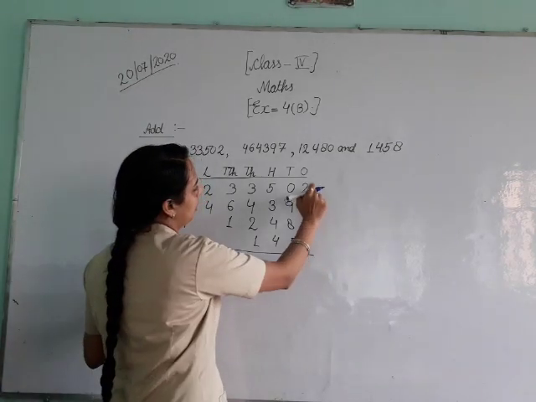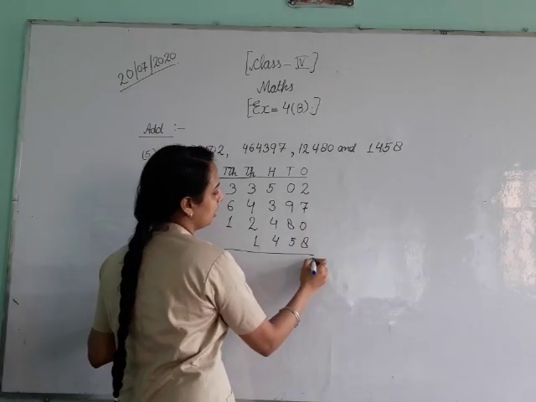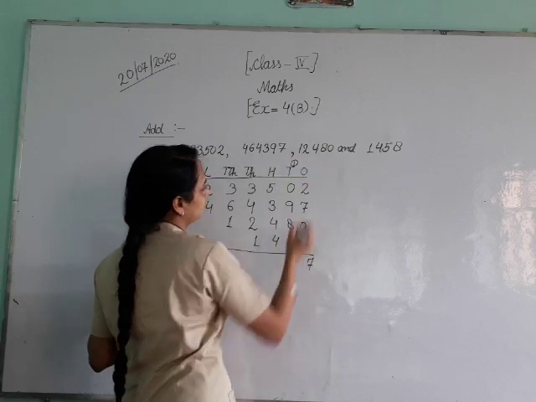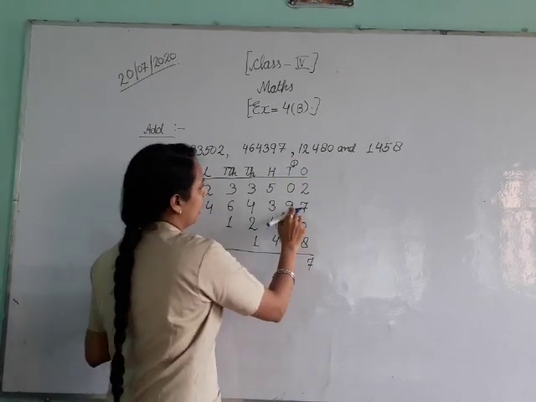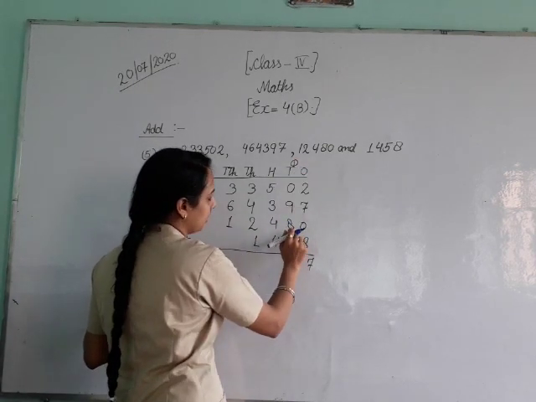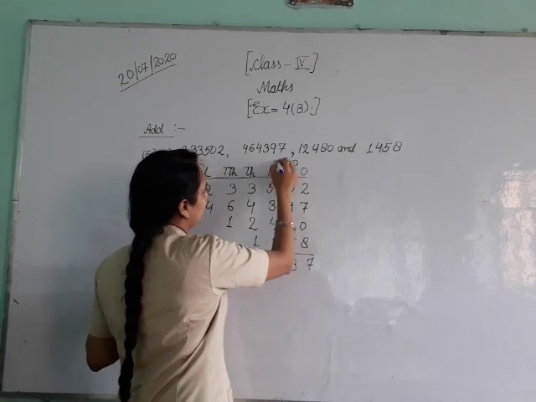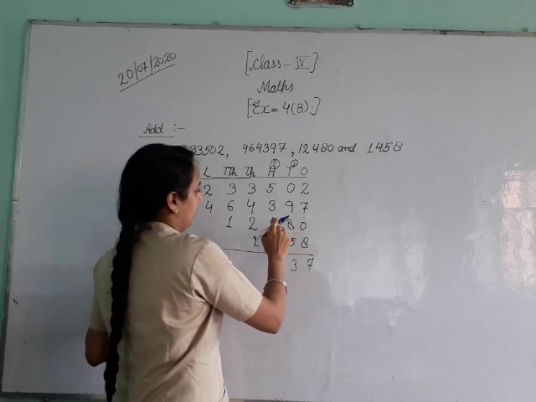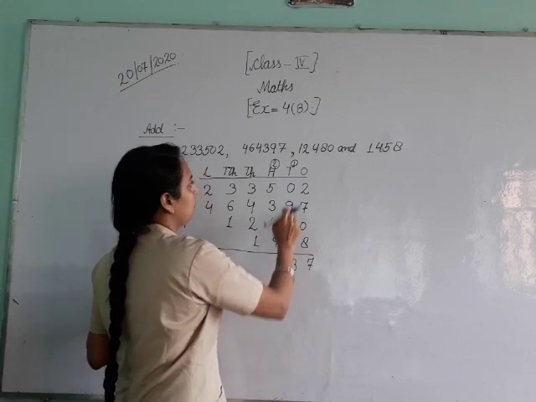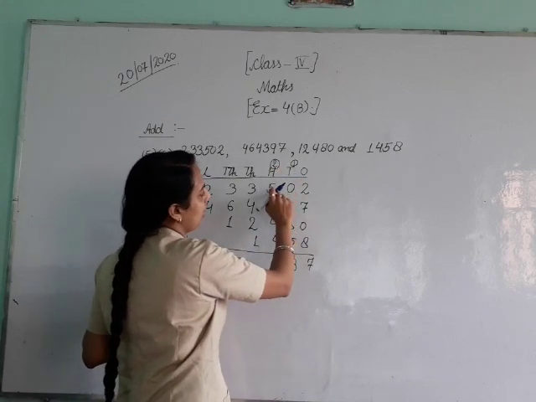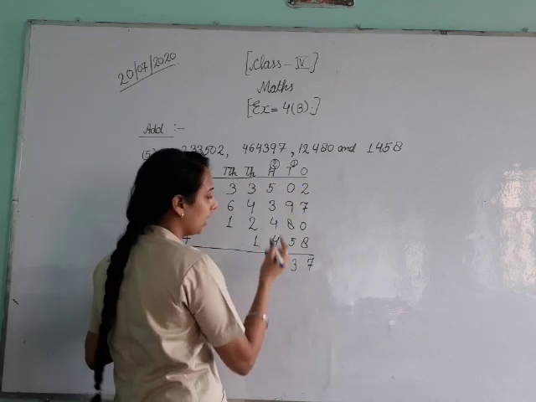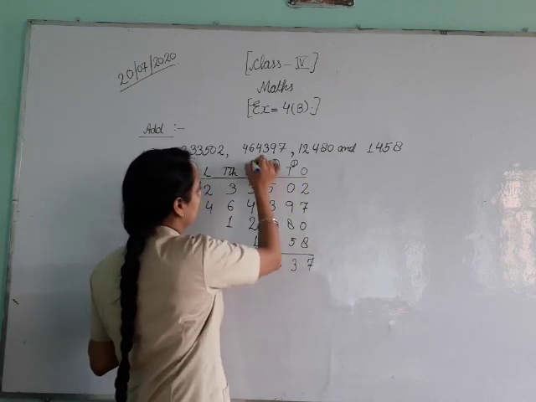Addition. 8 plus 2 is 10, plus 7 is 17. Put here 1. Then 9 plus 1 is 10, plus 8 is 18. And 18 and 5 is 23. Put here 2. Then 4 and 4 are 8. 8 plus 2 is 10. 10 plus 5 is 15. 15 plus 3 is 18. Okay.